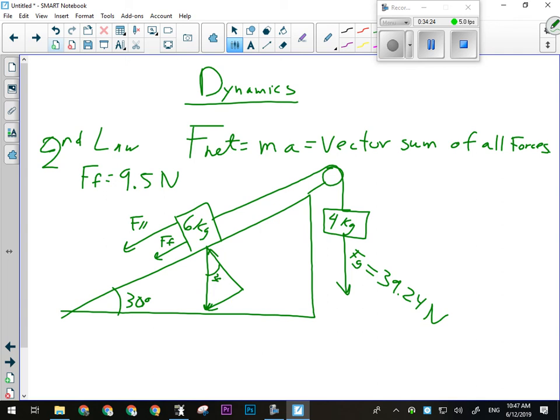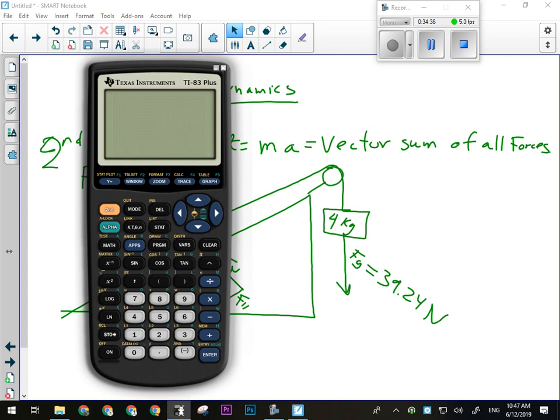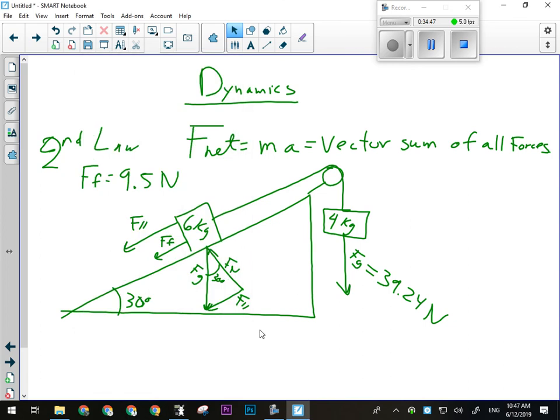This angle here is 30 degrees. This side's F normal, but I won't need that for this question. This side's F parallel. This side's FG. So I can calculate FG right now. That's 58.86, and then I'm going to calculate F parallel here in just a second.